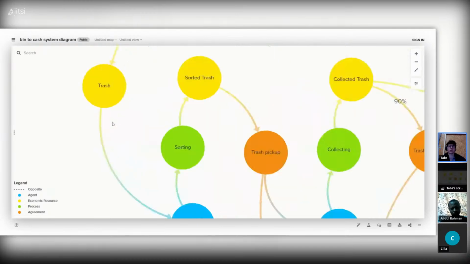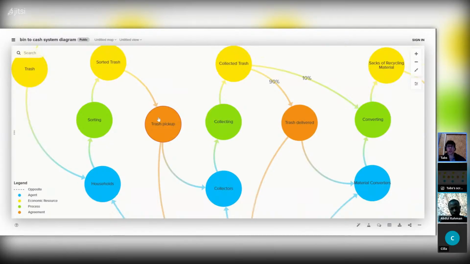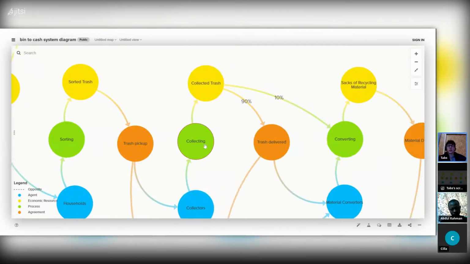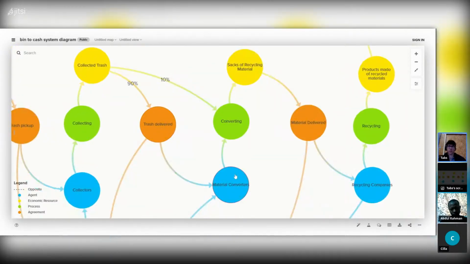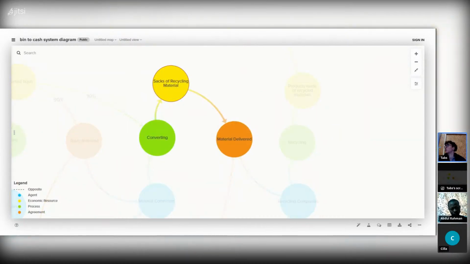So basically it starts with trash at the households, which they sort to create sorted trash. Then the collectors come to pick it up, and there's an exchange agreement here. They do the process of collecting to produce collected trash, and then that trash gets delivered to the material converters, or a small number of them convert it themselves to produce sacks of recycling material.